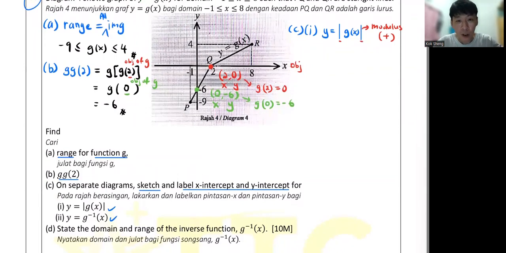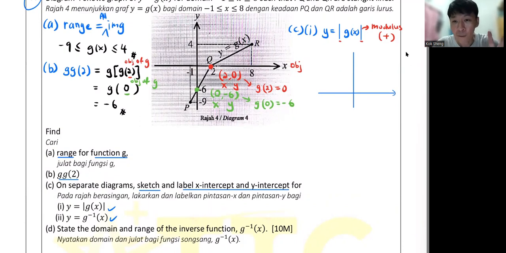So you see the graph here, how we draw is very simple. The modulus, we change to become positive, correct. But if you refer to the graph here, you only need to change which coordinate to positive.